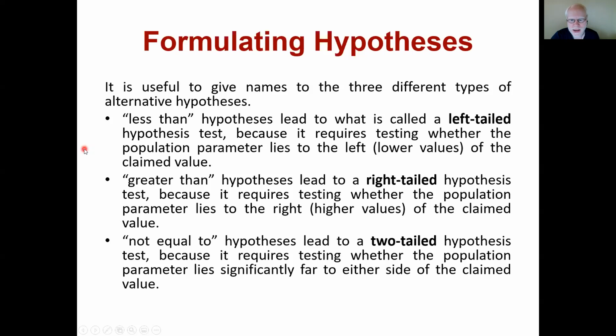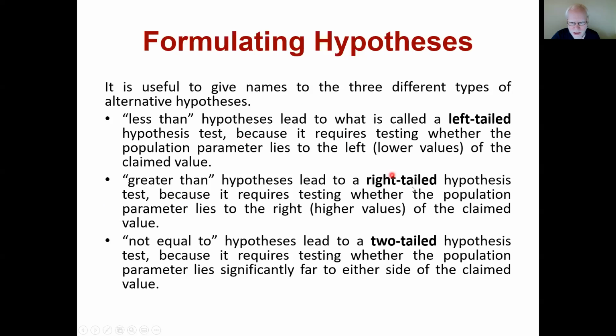So it's useful to give names to these 3 different types of alternative hypothesis. The one where we said less than is called a left-tailed hypothesis test because it requires testing whether the population parameter lies to the left, or lower value, of a claimed value. So again, if you think of a normal distribution, if you're saying that something's less than, you're looking that way to the left, and you're looking into the tail, right?